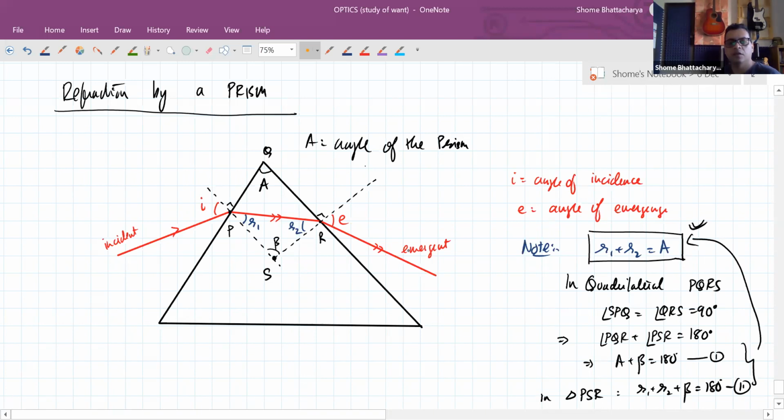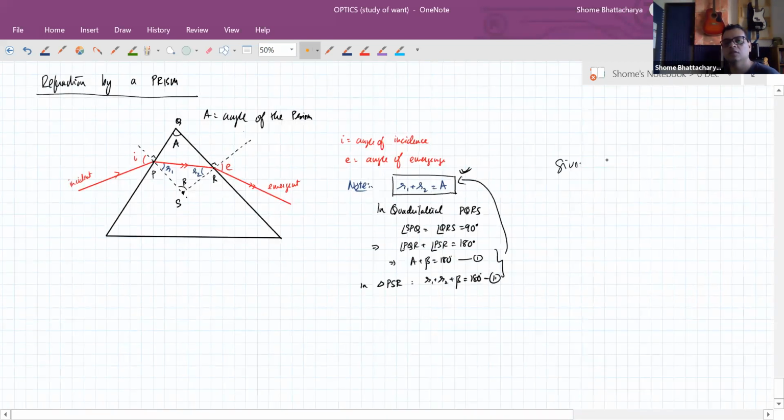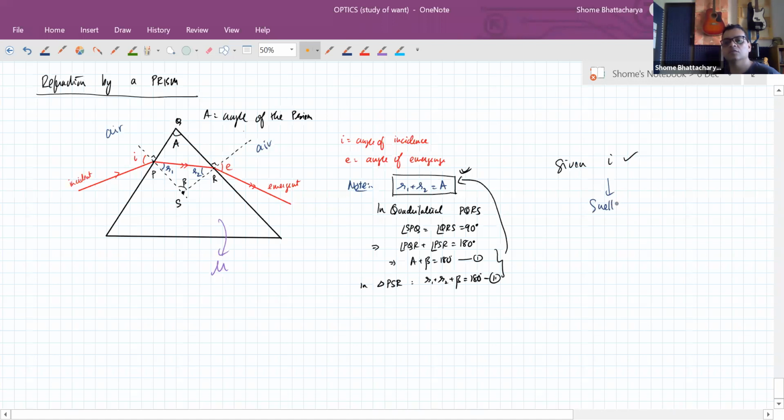Once we have worked this out, the rest of the things are very simple because now we are given the angle of incidence and the refractive index mu of this material, and around it is air. The first step is Snell's law at the first surface.